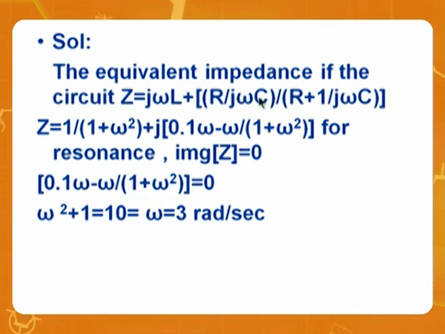If I multiply this, the real value I will put here, the imaginary value I will put inside. As I have been telling, the imaginary value you should always make 0. If you make the imaginary value 0, then 0.1 omega minus omega by (1 plus omega squared) is equal to 0. If you equate this term, omega squared plus 1 is equal to 10. That means omega squared is 9 and the root of 9 is plus or minus 3.